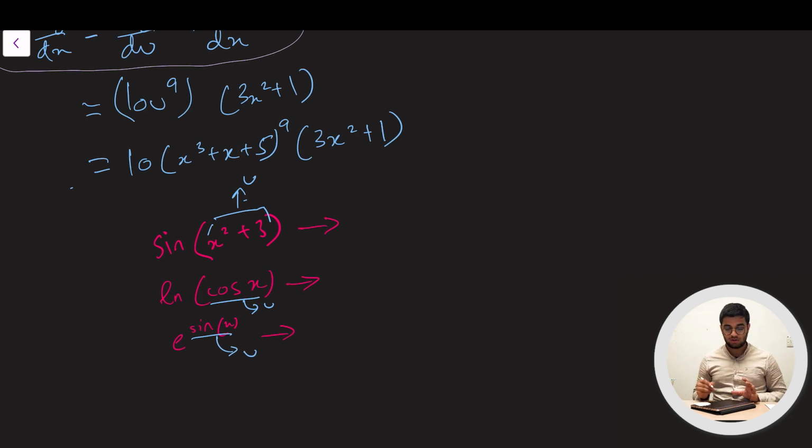Wherever there's a function within a function, that is where you can use the chain rule.